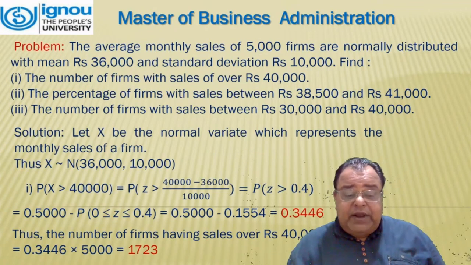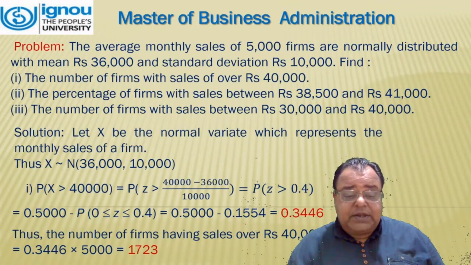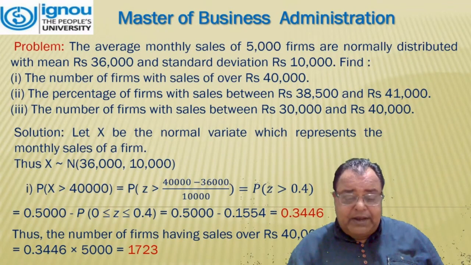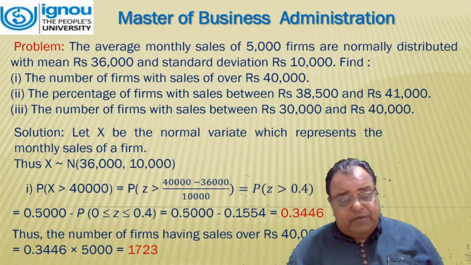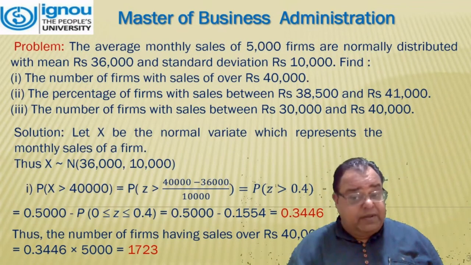That means the value of Z variate from the table at 0.4 will be 0.1554. We will be subtracting this value from 0.5, which comes out to be 0.3446. Now, the total number of firms is 5,000.